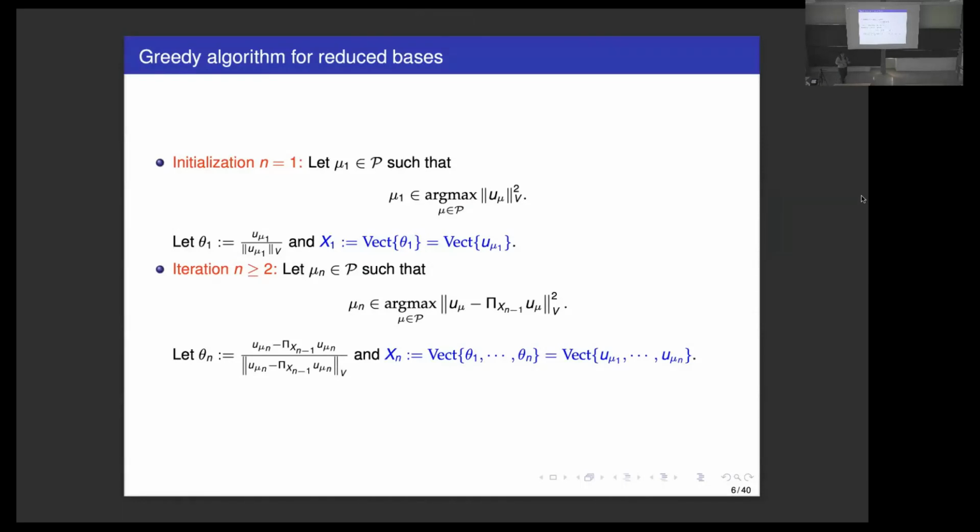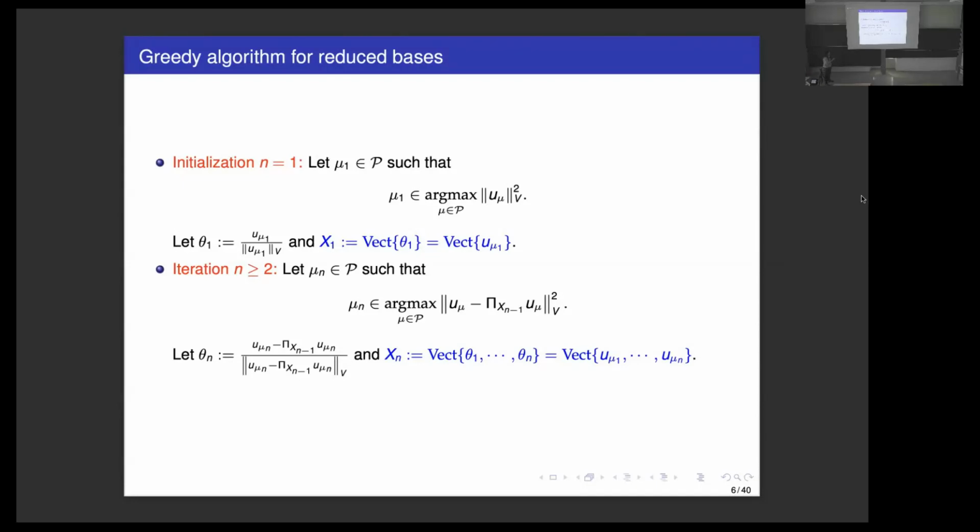And greedy algorithms, which were designed for reduced basis methods, do achieve this kind of property, as was proved in a series of works I'm going to mention later on. But first, let me recap the definition of this greedy algorithm in an ideal setting. First, it is an iterative algorithm which constructs in a constructive way such a sequence of quasi-optimal spaces.